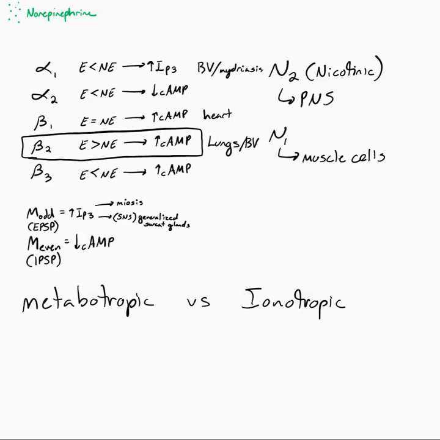The rest, you have alpha receptors, alpha 1, which favors norepinephrine over epinephrine, increases IP3, which increases calcium intake, which affects your blood vessels, causing them to constrict, and causes your pupils to dilate, which is called mydriasis. And then alpha 2 receptors favor norepinephrine as well, and they decrease cyclic AMP, as explained, that even receptors cause inhibitory effects.